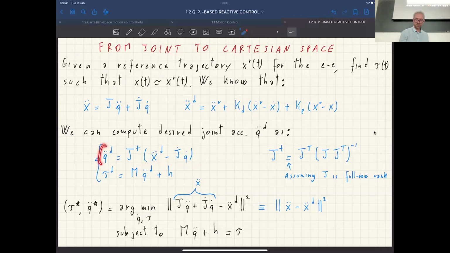And then once I have Q double dot desired, I can simply use it here inside my inverse dynamics expression to compute the desired joint torques. So in theory, if I'm lucky with the pseudo-inverse, in a way that I'll define later, applying these joint torques should lead to these accelerations.